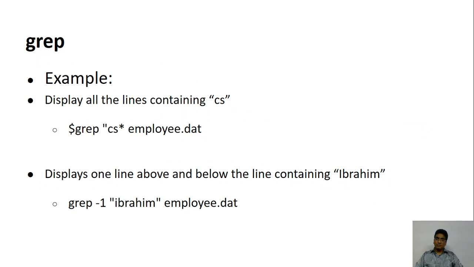For example, if you say grep cs star employee dot data, it means you want to find all the lines in which there is something that starts with cs. After that it could be anything, cs dash anything. So how do you search for that? Let's look at that.